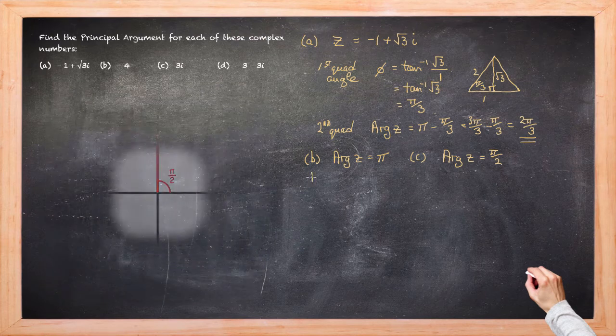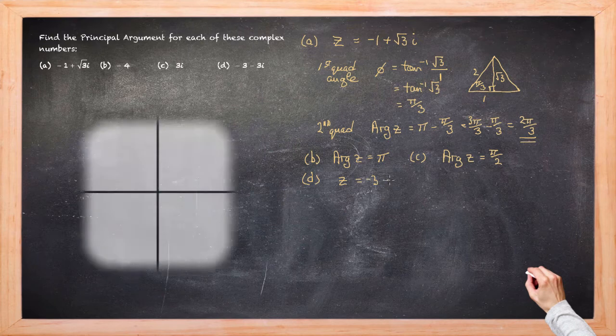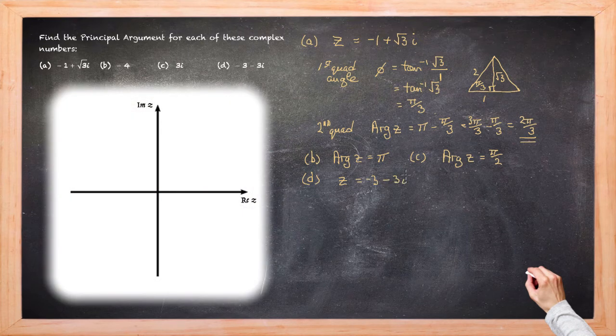So finally, let's move on to part D. That's -3 minus 3i. So it has a real part, -3, and an imaginary part of -3. Now, let's have a look at the first quadrant angle.